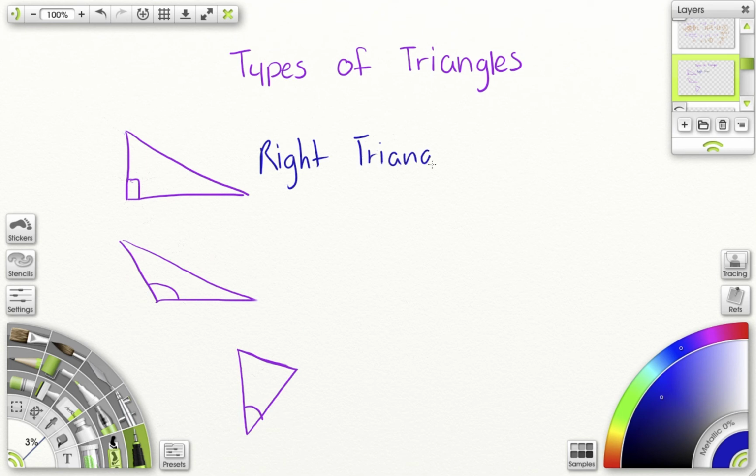The next triangle we have is called an obtuse triangle. The reason it's called an obtuse triangle is because it has that obtuse angle. As you can see right here, it has that really big wide angle. You'll notice though, with the right and obtuse triangles, only one of those angles is going to be a right angle, or one is going to be an obtuse angle.